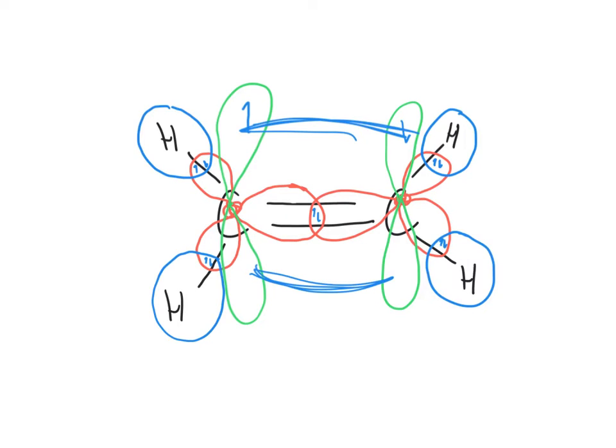And so in each, we've got our 3 sp2 hybridized orbitals in red, and our p orbitals giving us our pi bond in green. The blue represents the s orbital from each hydrogen interacting with the red sp2s to form our CH sigma bonds.